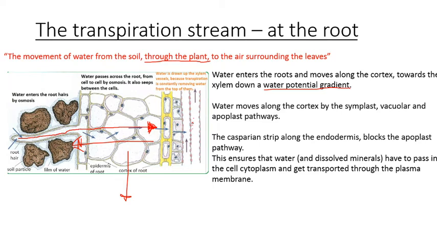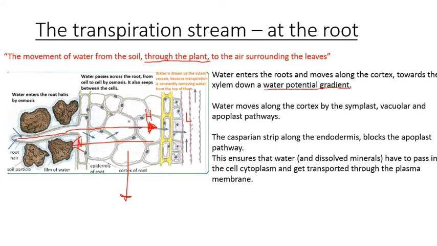The only way we can do that is if we maintain and also create an incredibly steep water potential gradient. So we've always got a really high water potential here compared to a much lower one here. And every single adaptation I'm going to talk about now is to meet and create that gradient.